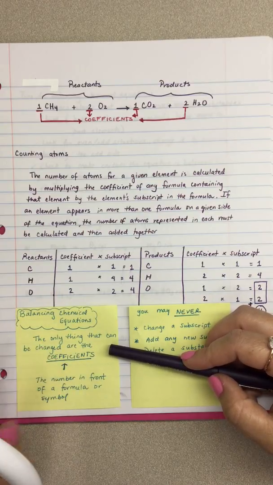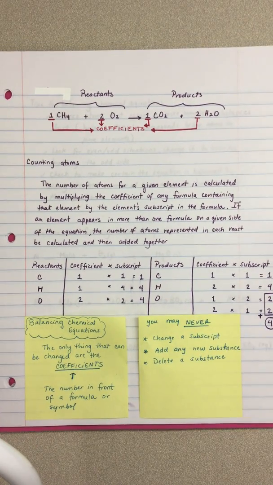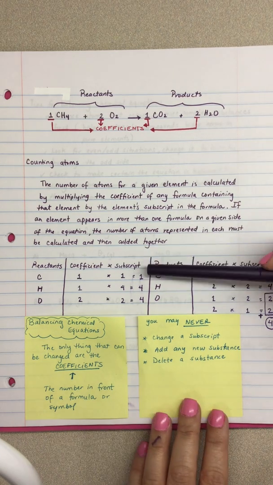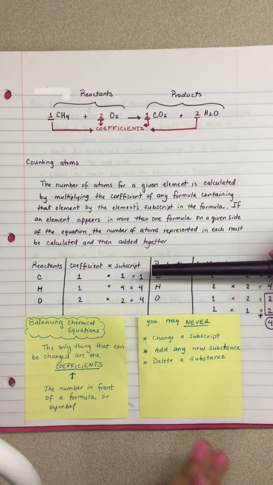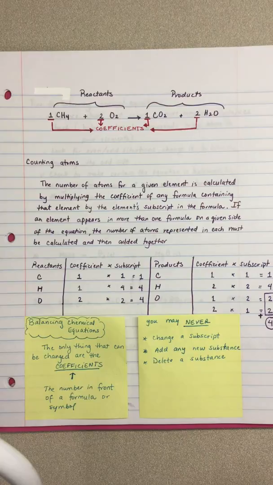That's it. You can add a new coefficient to try to balance a reaction. If that coefficient didn't work, you can add another coefficient. You can change the one that you were using for a different one until you have a set of coefficients that will give you the same number of atoms for each element on the reactant and on the product side. That's it.